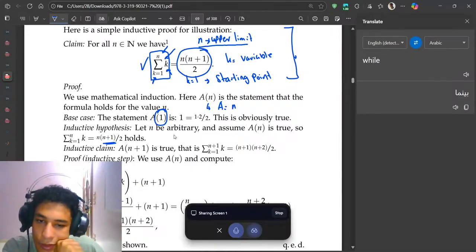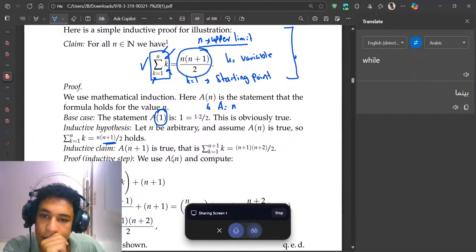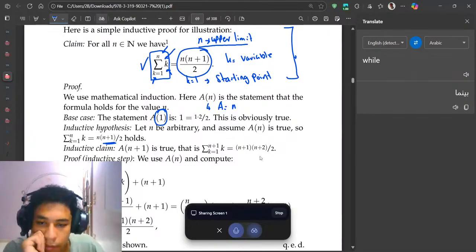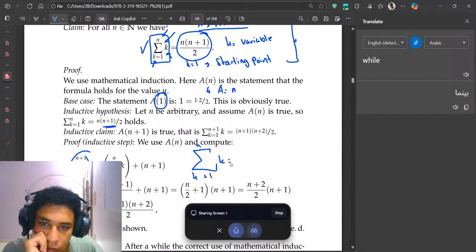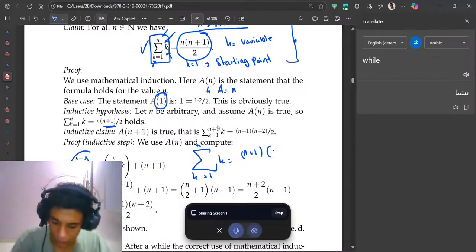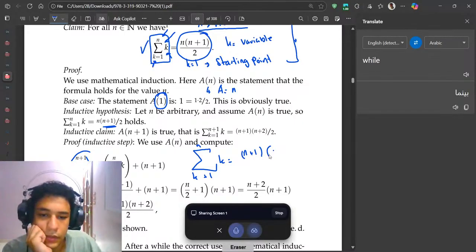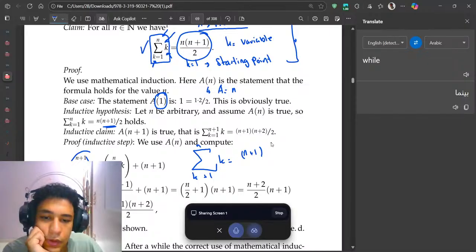Hold on, am I going to write the sigma from k equals 1 to n of k, and I'm going to substitute the n by n plus 1, so I'm going to say n plus 1, and here, hold on, a bigger bracket so it can be more obvious.